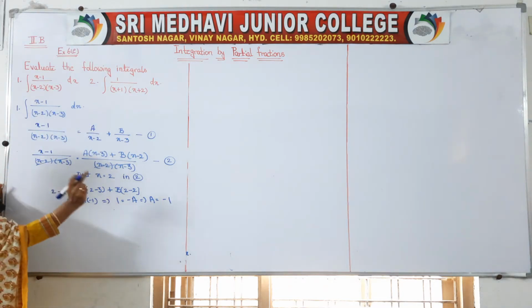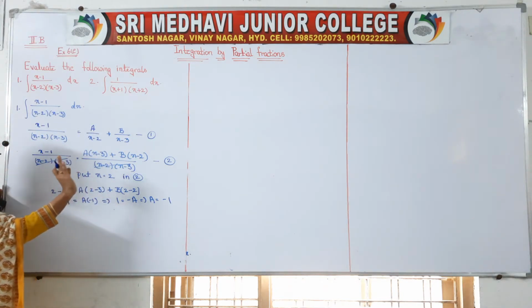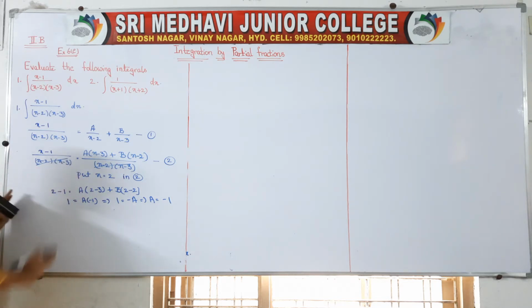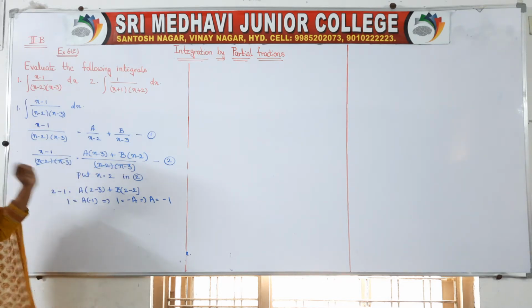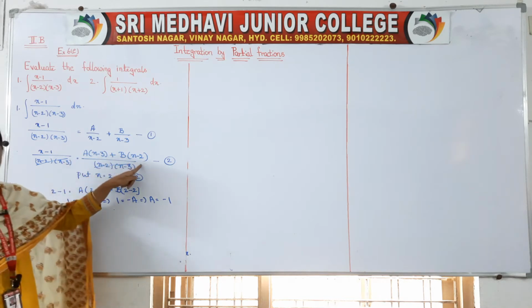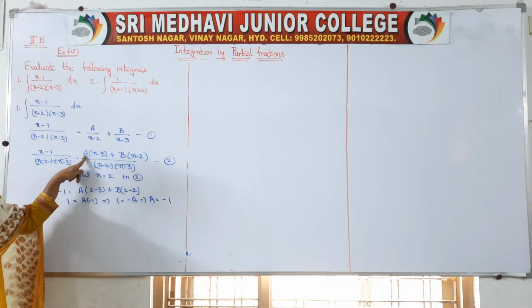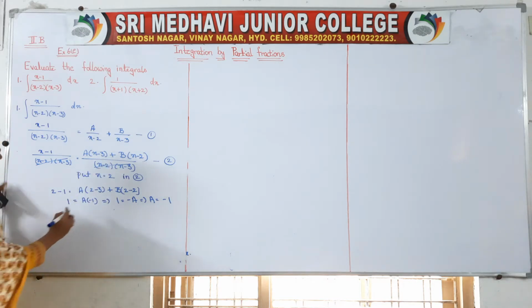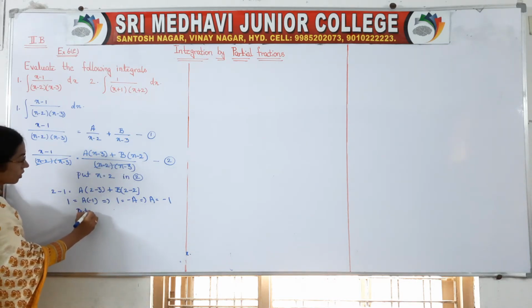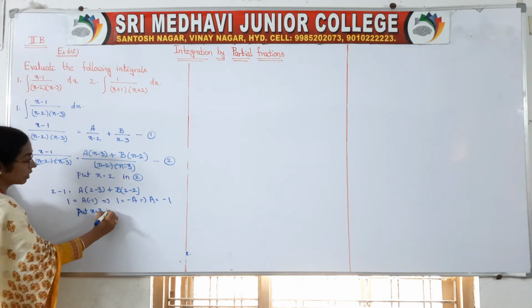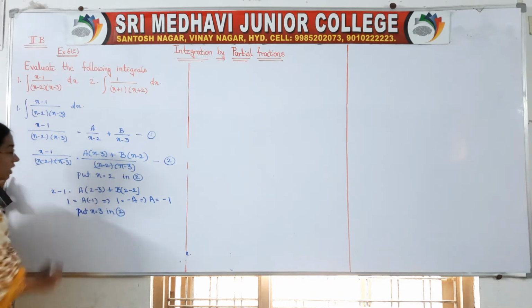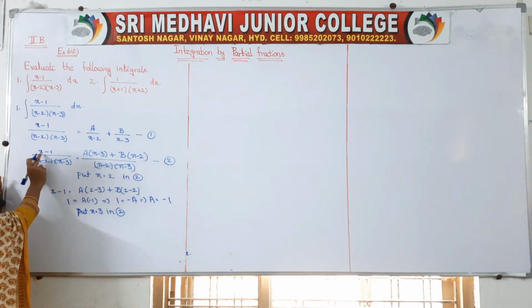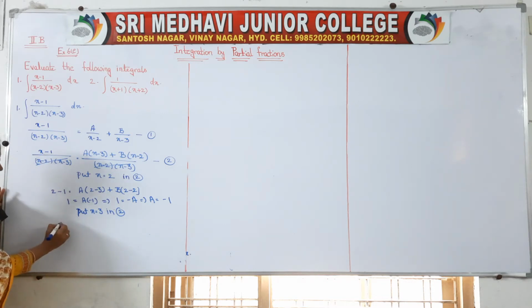Similarly, here if we put x is equal to 2, your B cancelled, you got A value. Now you try to cancel A so that we can get B. So to cancel A, we can take x is equal to 3 now, right? So put x is equal to 3 in the second equation. So come on, what is your second equation? In x place we have to take 3.